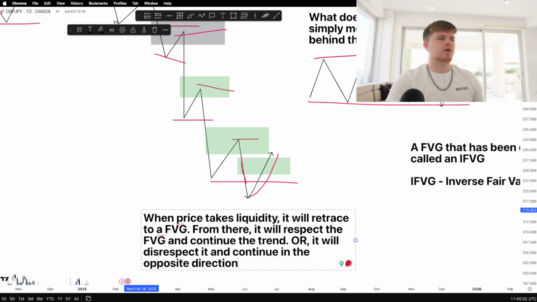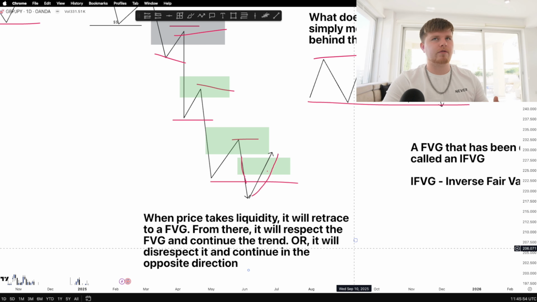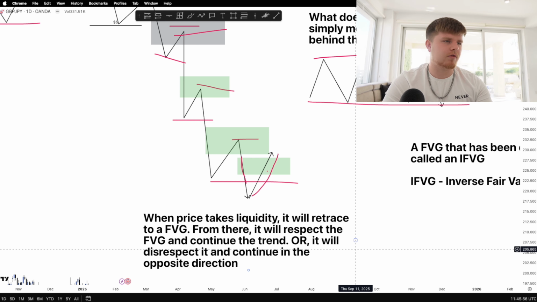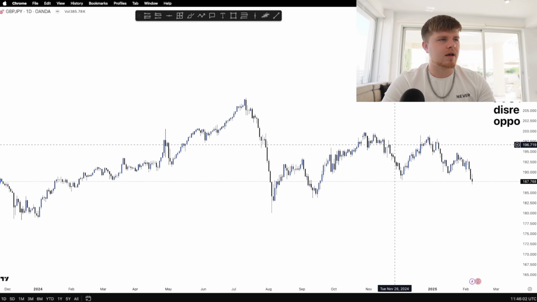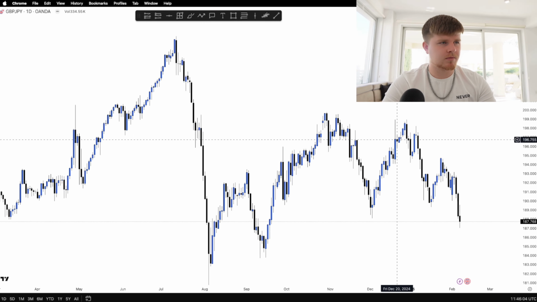You should be writing these notes down too, by the way. Okay, so when price takes liquidity, it will retrace to a fair value gap. From there, it will respect the fair value gap and continue the trend, or it will disrespect it and continue in the opposite direction. Okay, now let's move on to the charts to have a quick look at this.